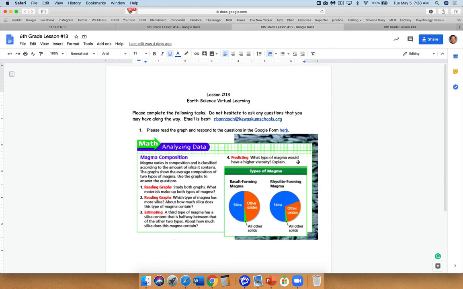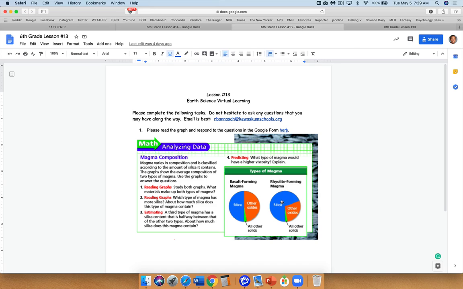The honey is going to go slower, and so we'd say that the honey has a higher viscosity. And what determines viscosity, or the resistance to flowing, or basically moving slower, is the amount of silica. And because of the fact that this one has more silica, it is going to move slower, or it's going to have a higher viscosity.